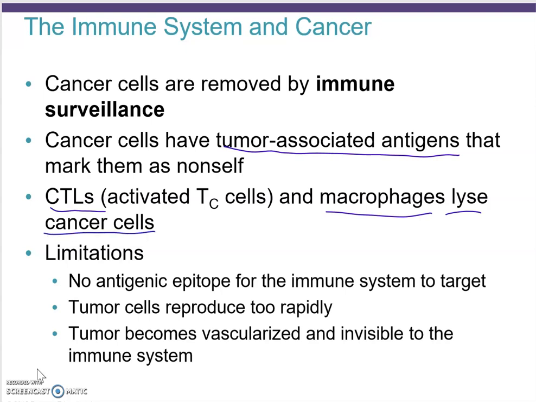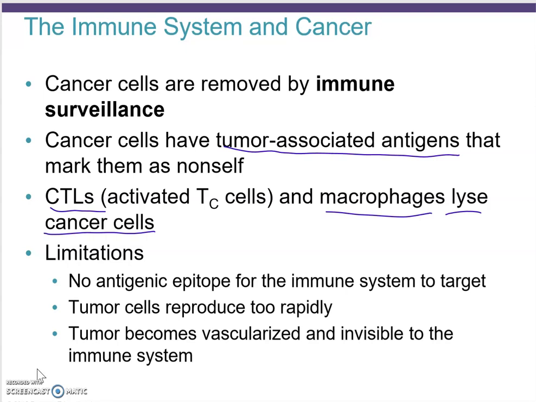The limitation of that system is that every now and then something will escape. Also, if your immune system is not so strong anymore, then there's a higher chance that one of those cancer cells might escape the immune surveillance. Also, sometimes they have no antigenic epitope for the immune system to target, so that would be sort of stealth fighter cancer cells.